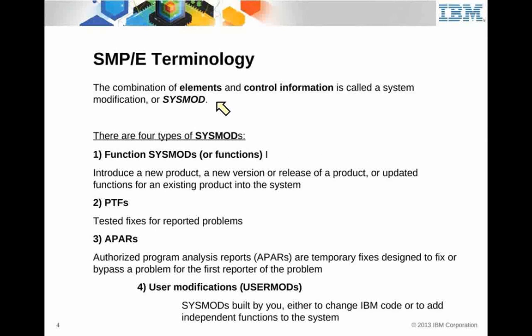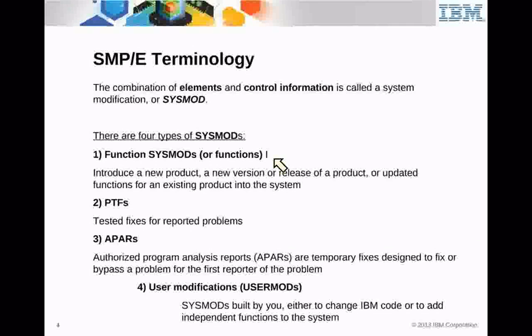I want to introduce you to this term called a SYSMOD. The combination of these elements and control information is called a system modification, SYSMOD. There are 4 types of SYSMODs. There's a function SYSMOD, and a function SYSMOD means you're introducing a whole function.